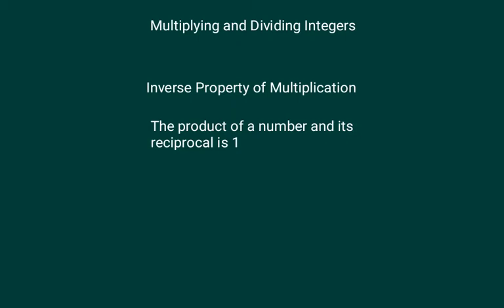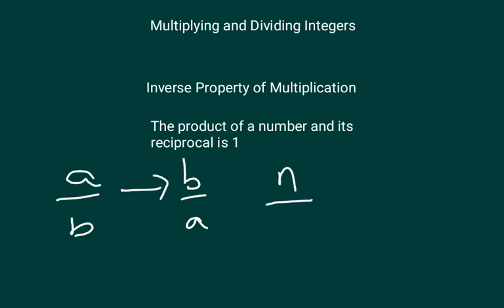So what is an inverse of a number? What's a reciprocal? Well, if the number is a over b, then the reciprocal, or the inverse, is b over a. If the number is just n, what would be the inverse? Well, it's n over 1, so the inverse would be 1 over n.